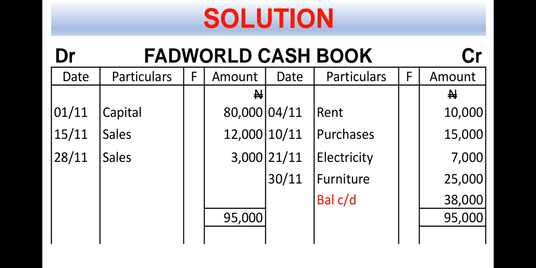That balance carried down will now be brought down to the following month as balance brought down, which is 38,000. Which means by December, the total amount of cash the business will be having in the cash book will be 38,000 naira. That is what the balance brought down represents. So thank you very much for watching.